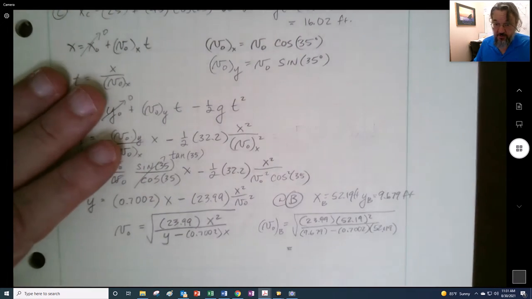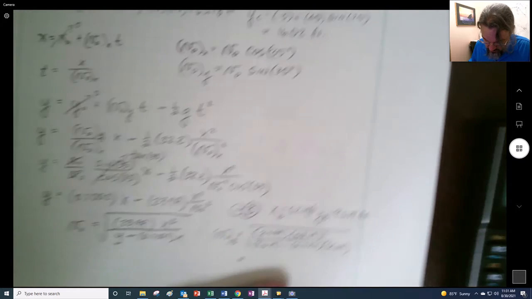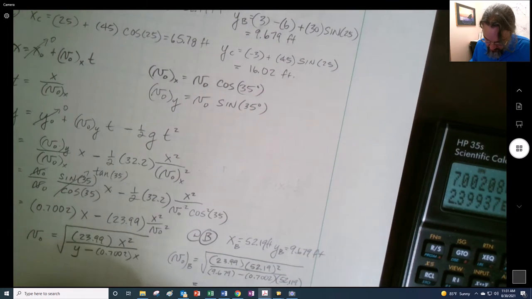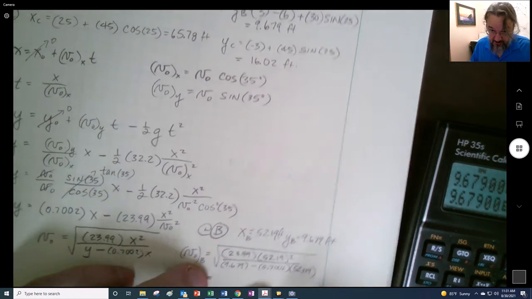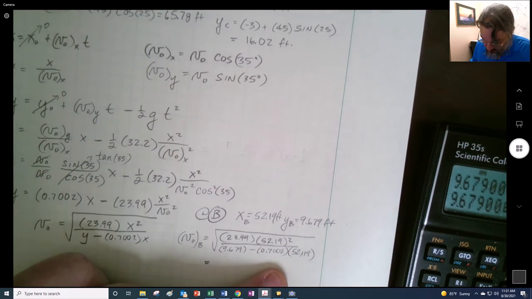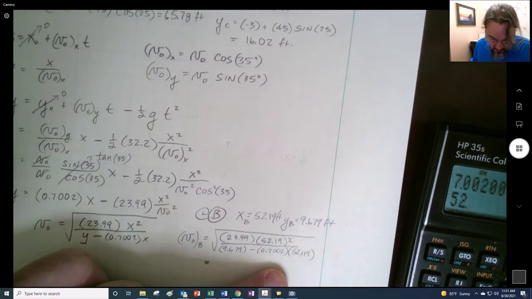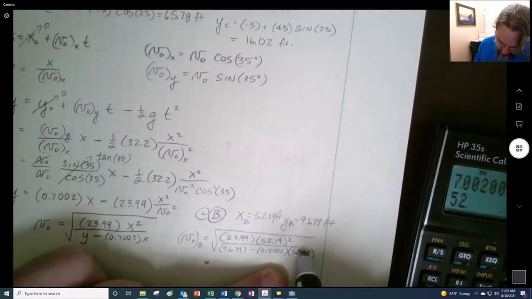And that's going to be equal to 52.19 squared, multiplied by that 23.99, 9.679, and we hope that this is going to be smaller than that, right? That's an important thing for us. And then 0.7002, 52.19.